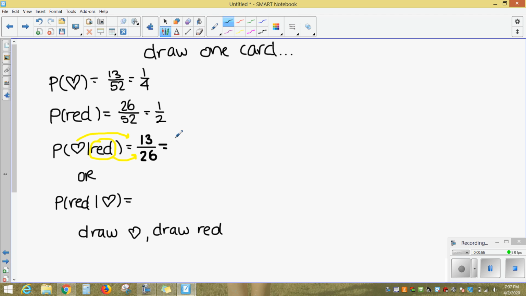Sorry, 13 hearts in the deck, which is half the time. Notice that the probability of drawing a heart, given that it was red, and the plain old probability of getting a heart, those guys are not the same. So these guys are not independent, or they're dependent.